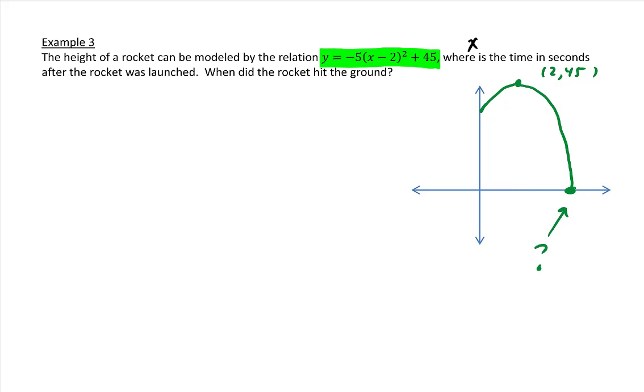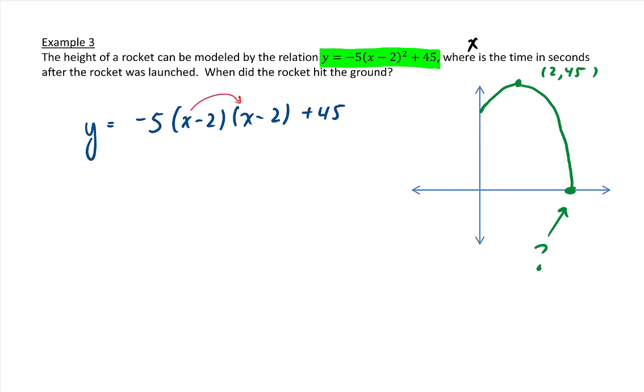Well, for us to do this, we need to get the equation into factored form to find the zeros. Right now it's in vertex form. We're going to express this in standard form to start. So y equals negative 5, x minus 2, x minus 2, plus 45. Same thing we did above.